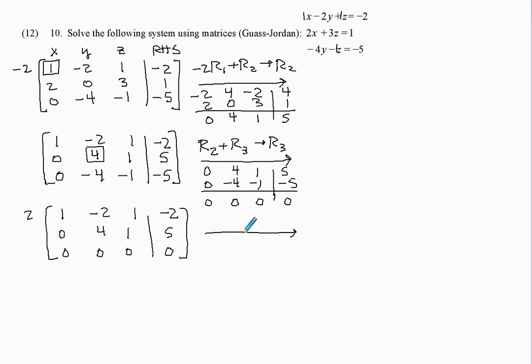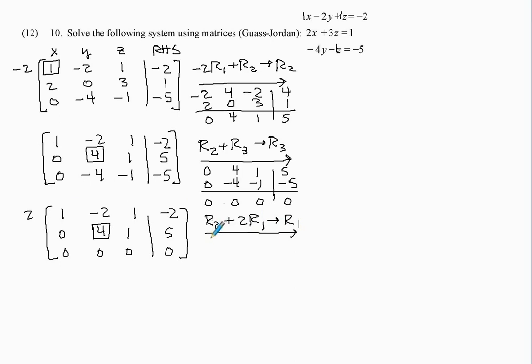So here's what I'm going to do. This is still my pivot, so you start with your pivot row. So we're doing row 2. And then we are adding that to row 1. And we're replacing row 1. You always replace the row that you're adding to, not the pivot row.